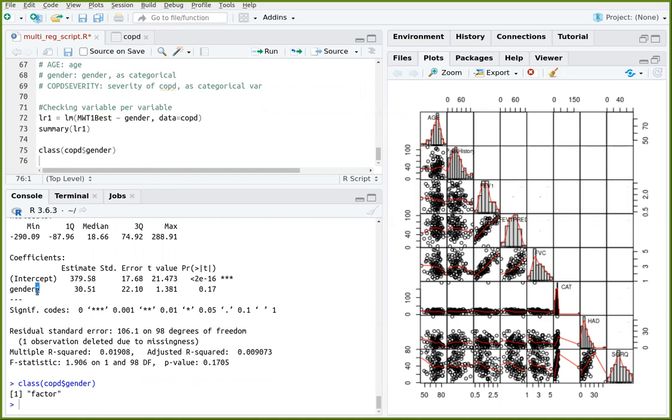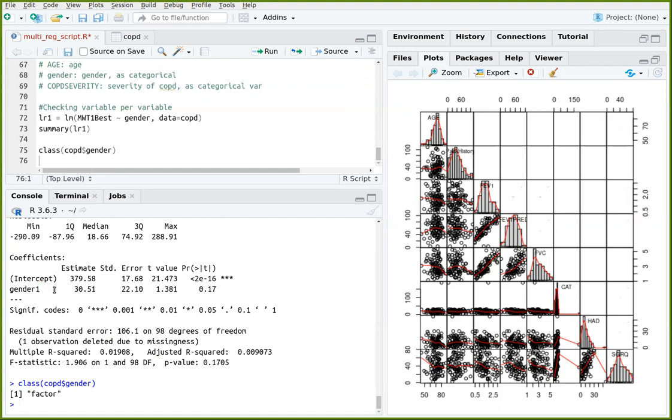We can see that because it says gender1. If it was integer, this 1 wouldn't appear. That means, as you may remember from previous lectures, that gender 1 is the 1 in relation to the 0. So gender 1 is male. No, actually, probably gender male is 0 and 1 is female.